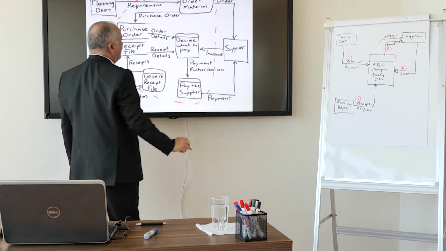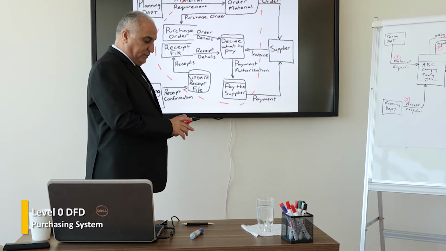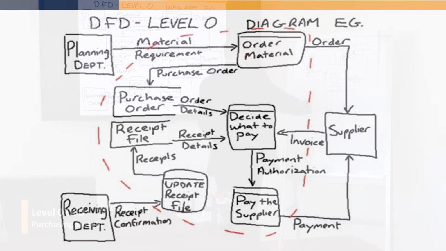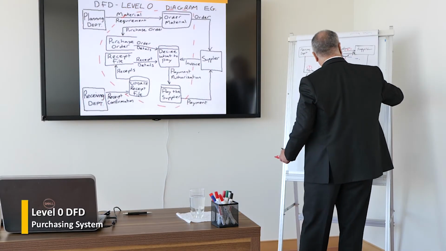Let's go to another details diagram. Now, the details diagram here is nothing more than, again, the whole external entities are going to be kept the same.